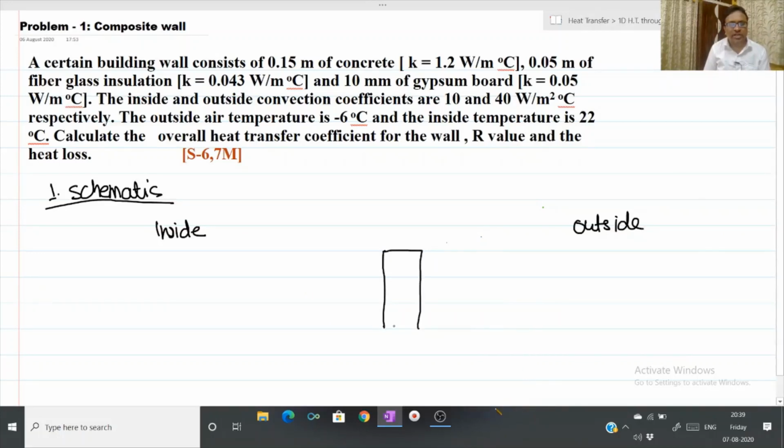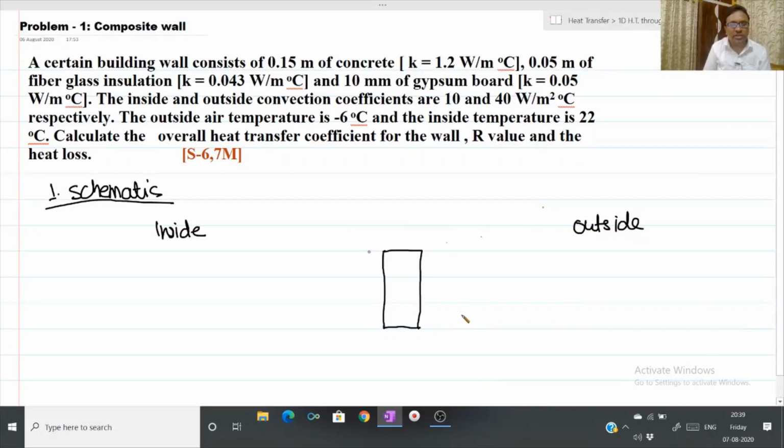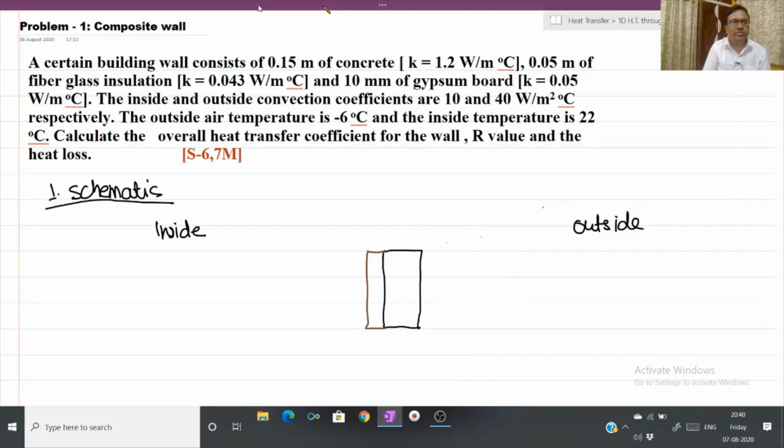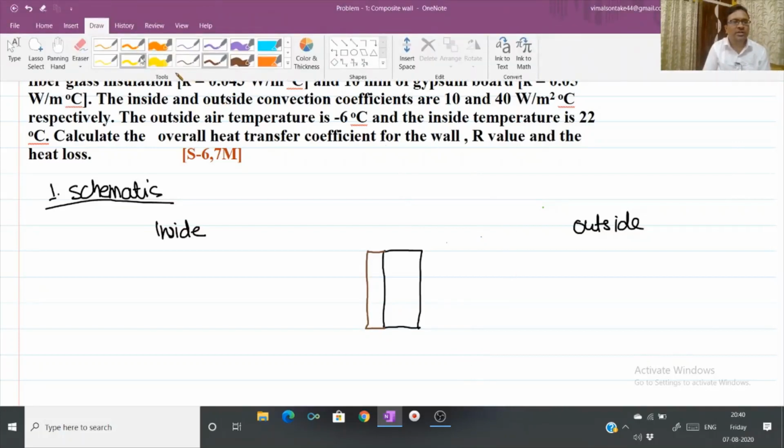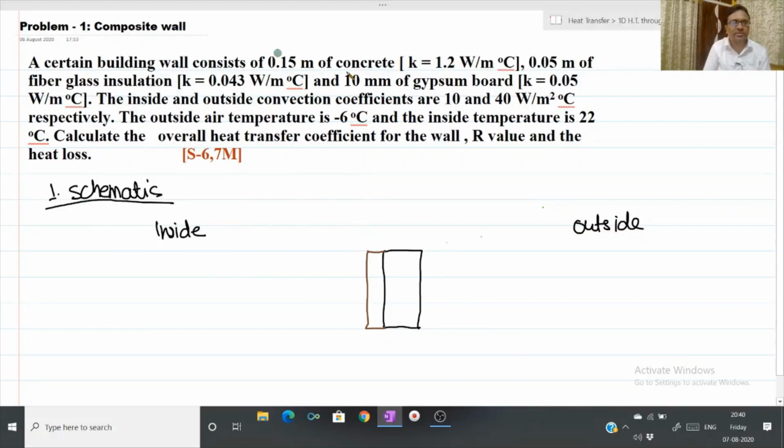Obviously the thickness of the concrete wall will be more. Then it is provided with a fiberglass insulation, and finally it is provided with gypsum board. It is nothing but what you can say plaster of Paris. In general language it is called plaster of Paris.